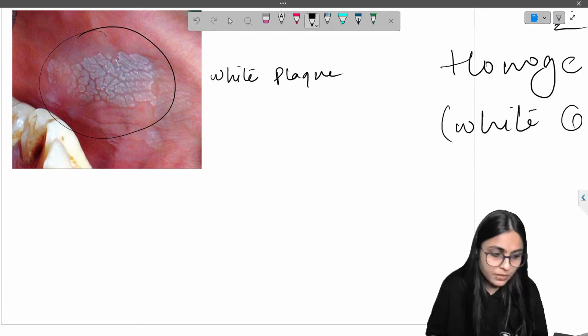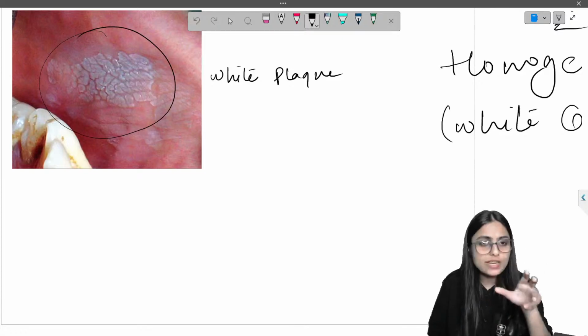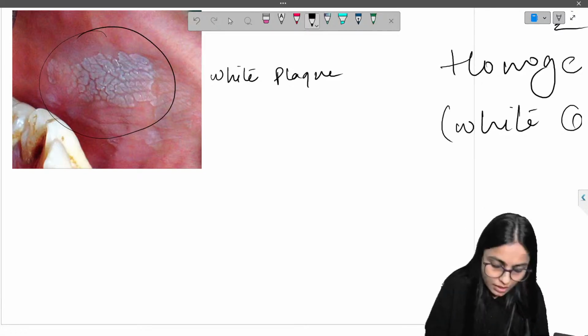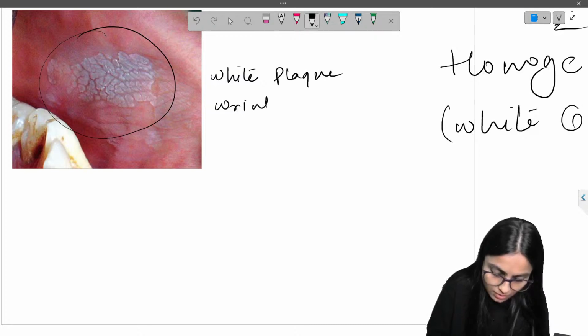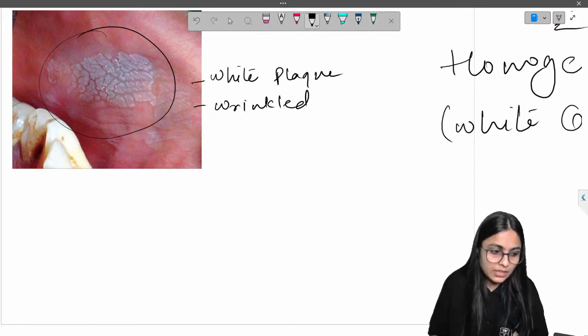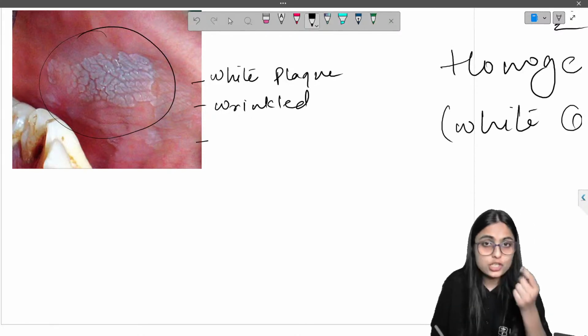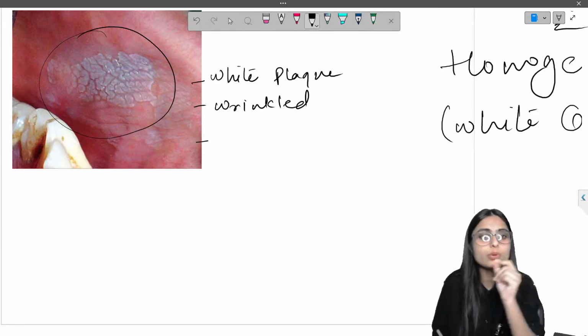The appearance of it is wrinkled. Can you see the wrinkled appearance?